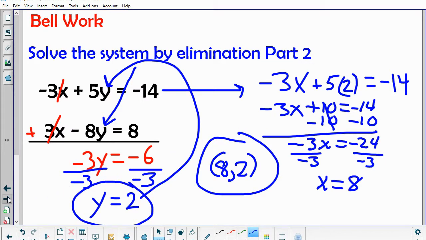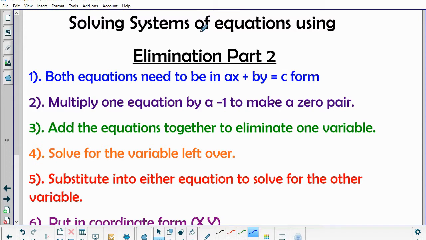Okay, now what about part 2 then? So in part 2, what will happen is you'll notice that you have the equations both again written in standard form, but you may not have a zero pair in there. You might have terms that are the same. So in these equations, you have to look to see if you have a zero pair.